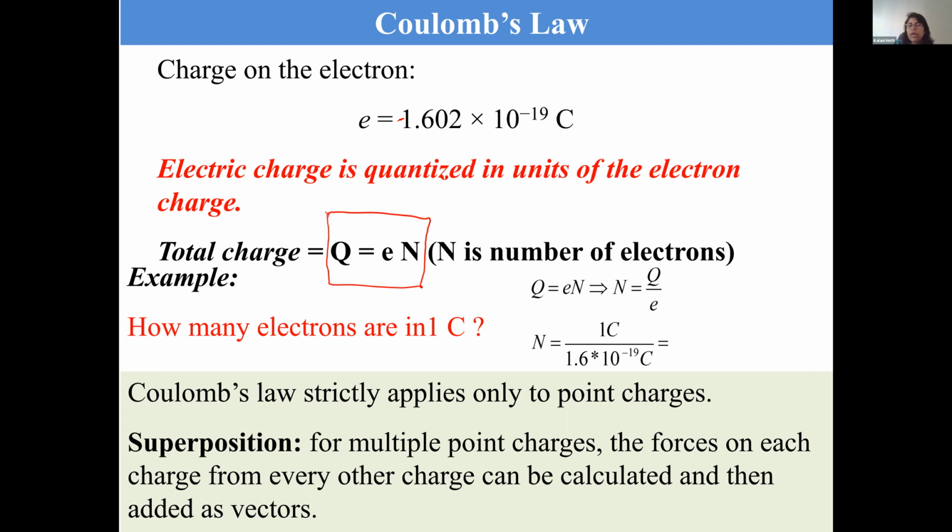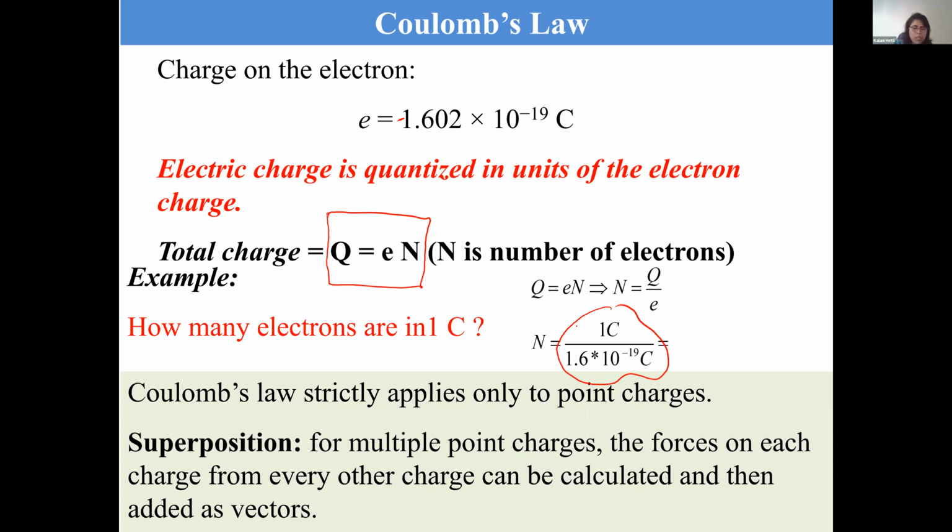So if I have 1 coulomb, you will be able to calculate how many electrons there are. 1 coulomb divided by this number will give you the number of electrons you have in that particle. That is how you calculate the number of electrons on any kind of particle.